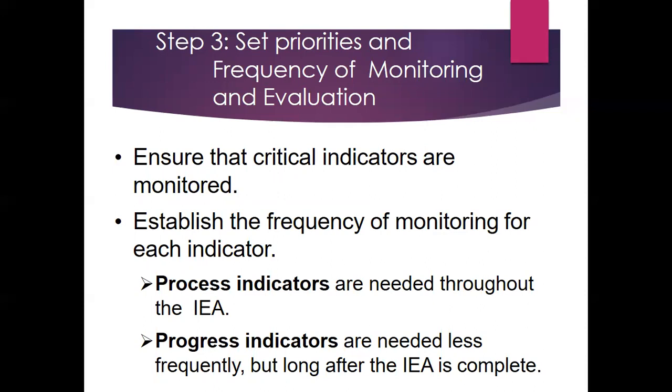Process indicators, we need to be monitoring throughout the entire IEA process, right? The specific things that you're monitoring throughout the process, whereas progress indicators, you don't need to be monitoring as frequently, but you need them long after the IEA is complete, because you want to know if you have met or are in the process of meeting your ultimate goal.